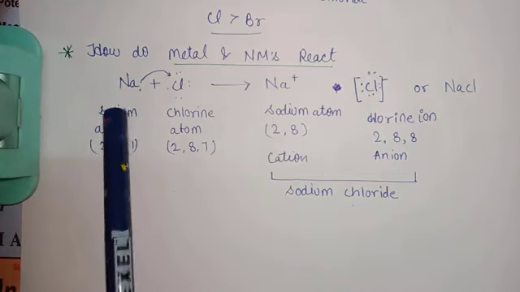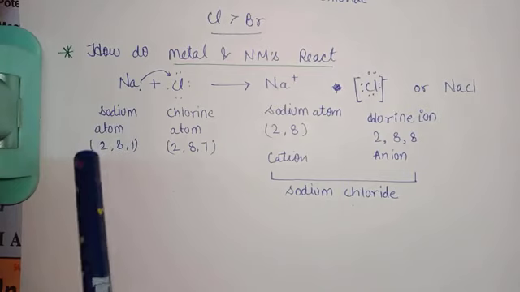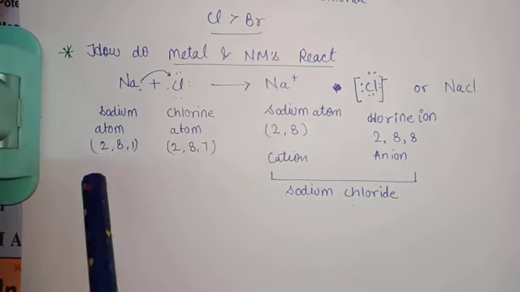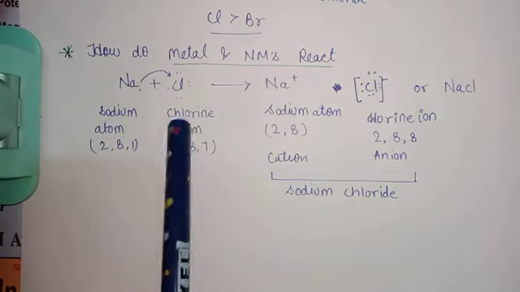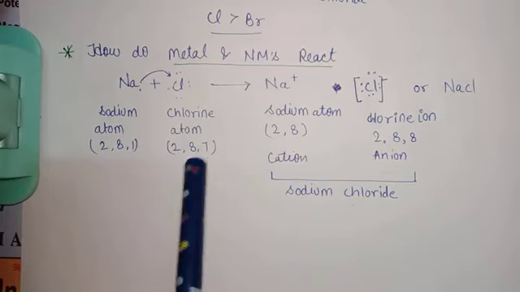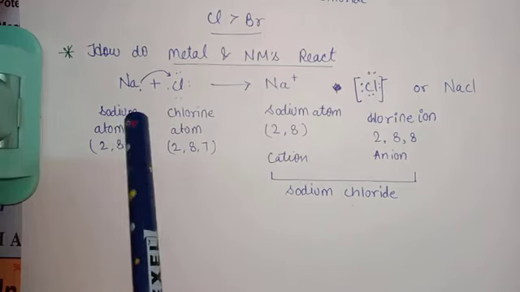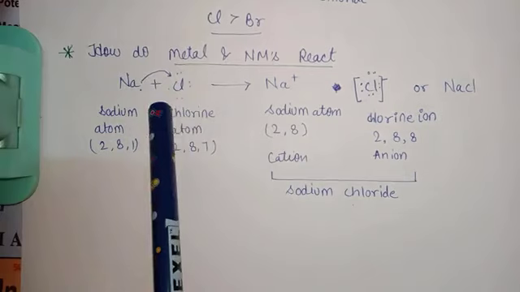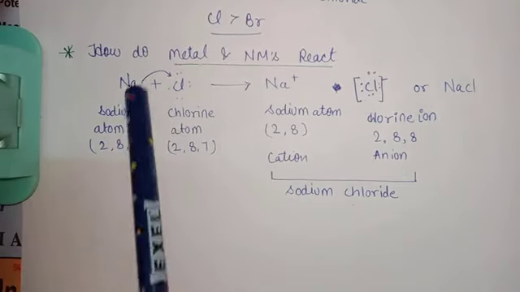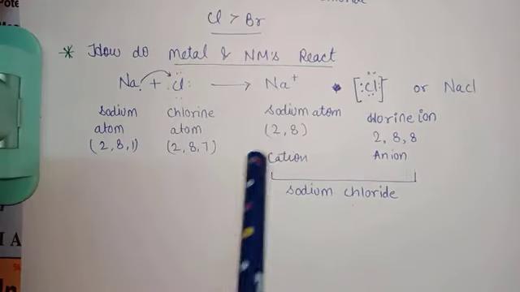The sodium atom has 2,8,1 electrons, and the chlorine atom has 2,8,7. Sodium has one free electron, it gives that electron to the chlorine atom, and it makes a sodium ion.